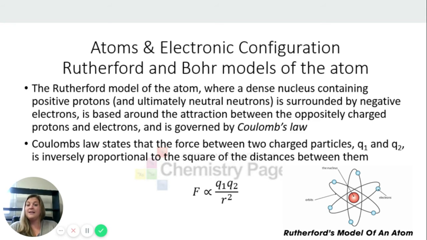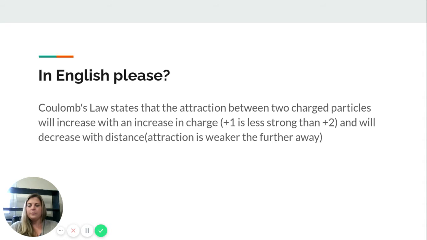So Coulomb's law states that the force between two charged particles, Q1 and Q2, is inversely proportional to the square of the distance between them. That sounds like a lot. So what does that mean? Coulomb's law says that two charged particles are going to have more of an attraction if their charge is larger.